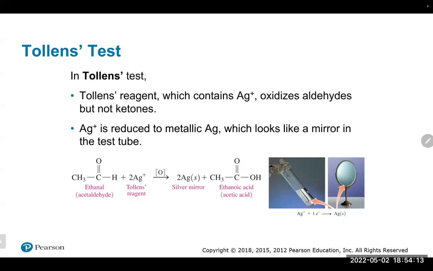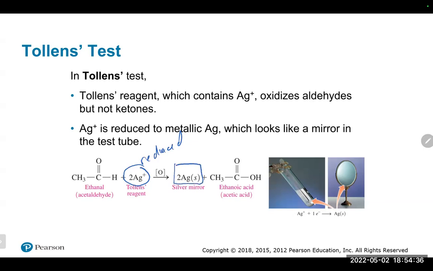In the Tollens test, we use the Tollens reagent, which is silver with a +1 charge. Silver gets oxidized and loses electrons. I'm sorry, it gets reduced. The silver here gets reduced and gains electrons and becomes solid silver on the right-hand side.